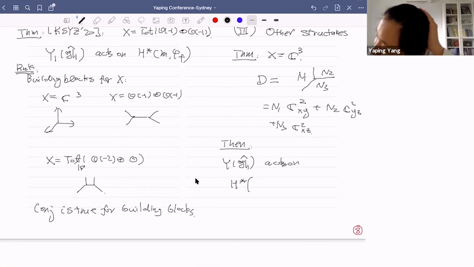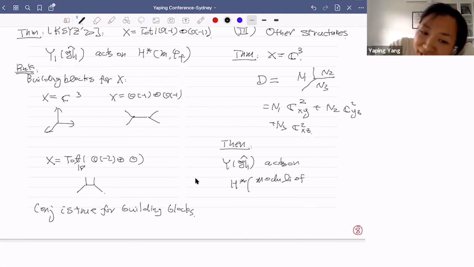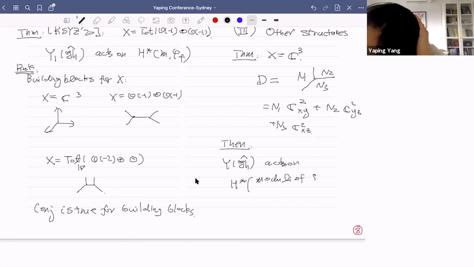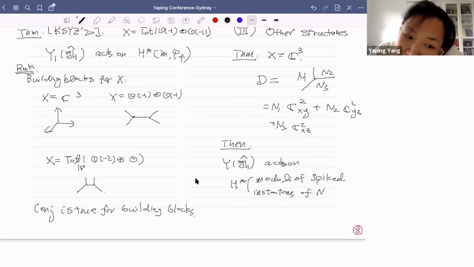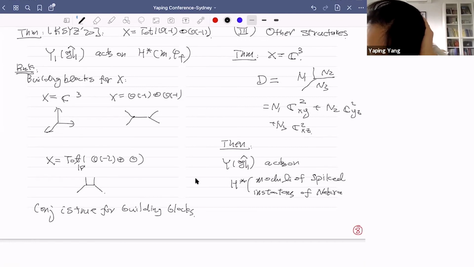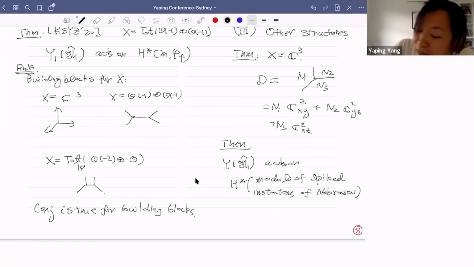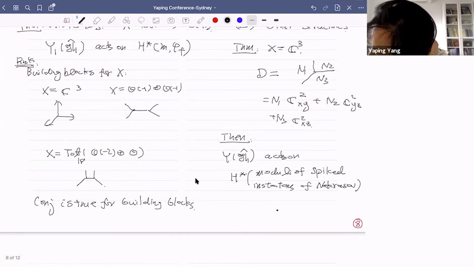So in this case, this is the moduli of spiked instantons, defined by Nekrasov. Okay, and this has a quiver description.